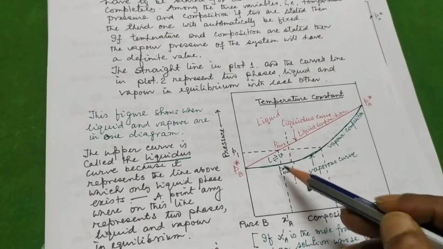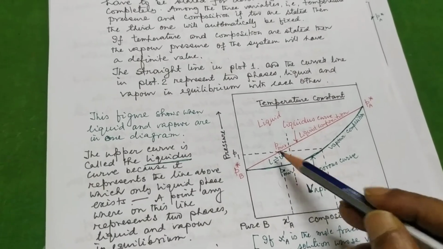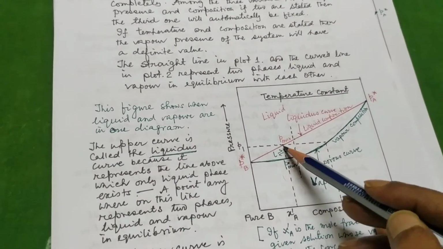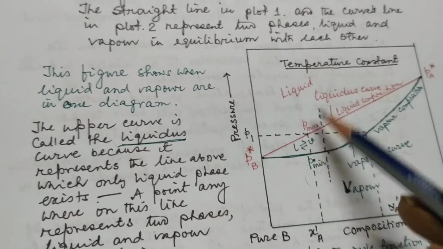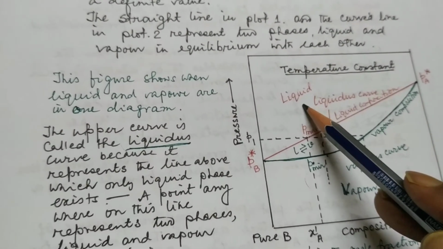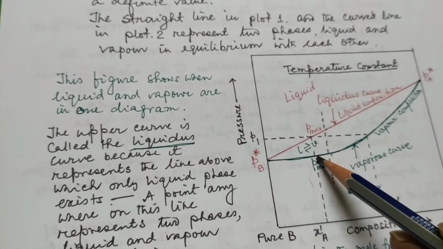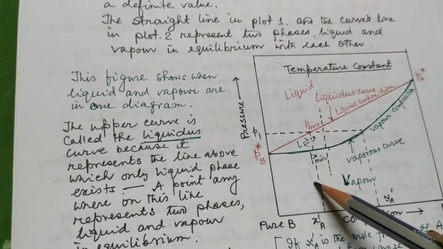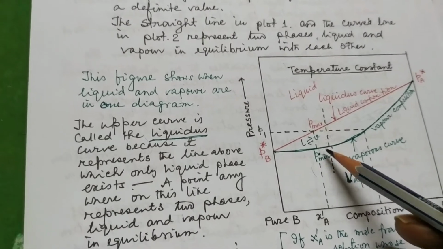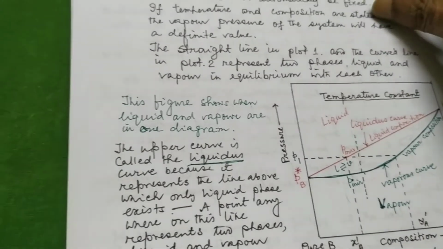Let this be the composition. There is a maximum pressure, P max, above which we get only the liquid phase. And there is a minimum pressure, for a particular composition, below which we get the vapor phase.